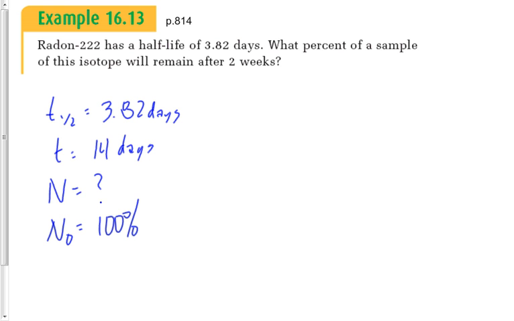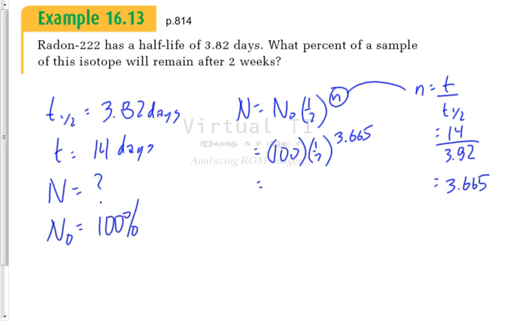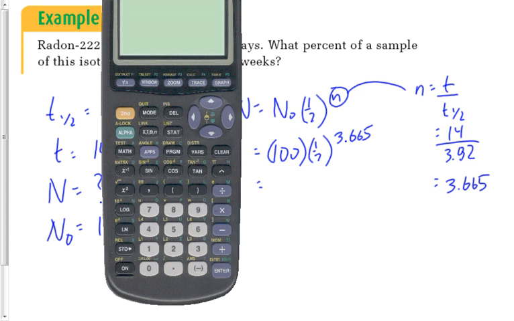Okay, let's find n here now. We find little n by saying t over T1 half. So it's going to be 14 divided by 3.82. We got 3.665. No units there, right? Just a number of half-lives. We're going to do this on our calculator because we haven't done any calculation like this yet in Physics 30.